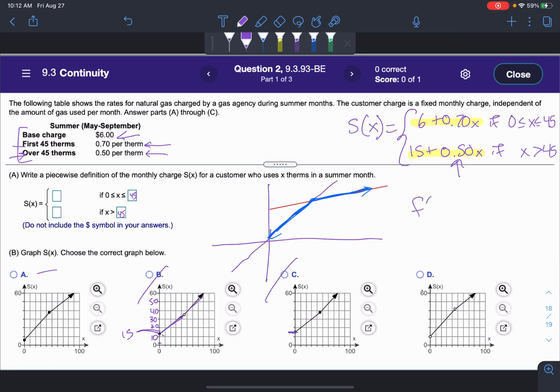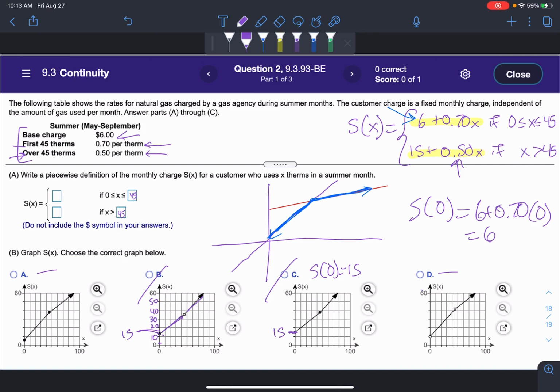My s of 0 we would get from this first piece, and if I plug in 0 for x, I get 6. So that's another reason why B and C aren't it, because I have the point s of 0 equal to 15 here. Now we're down to A and D.